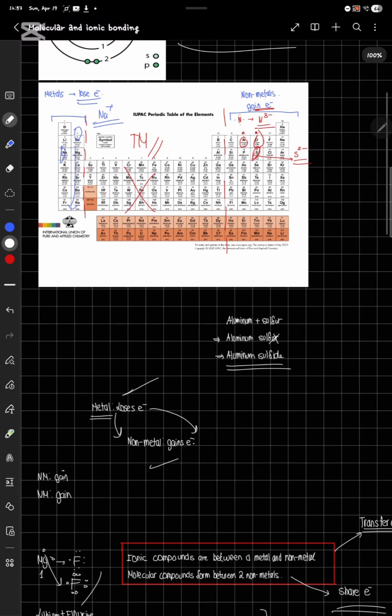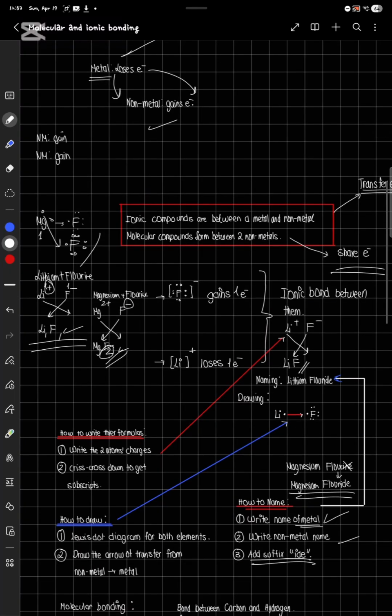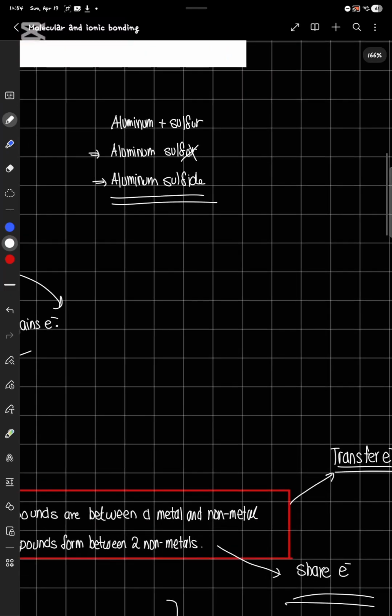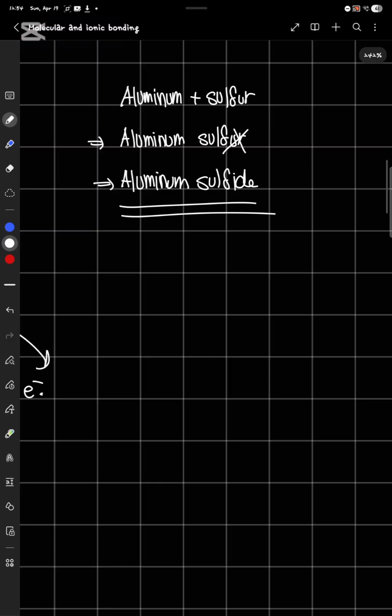When I say add the suffix, there's no specific rule for what you remove. You have to go through so many examples and practice so much. For example, fluorine becomes fluoride. As long as you have the IDE and you sort of know what sounds right.